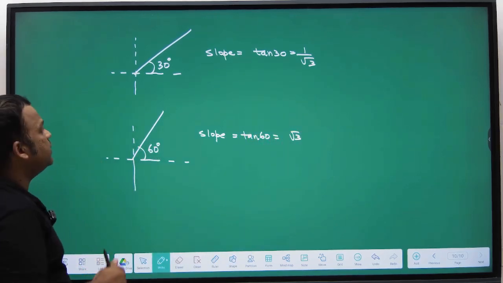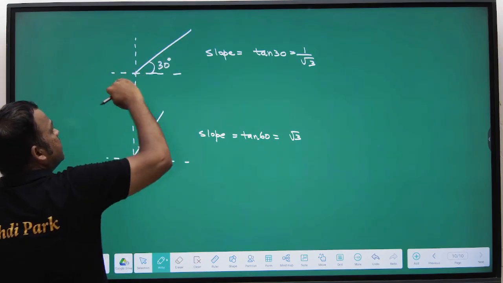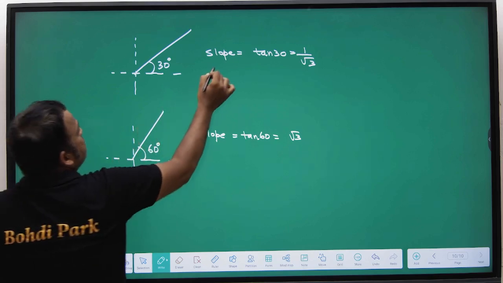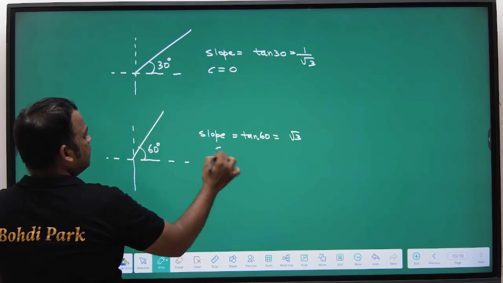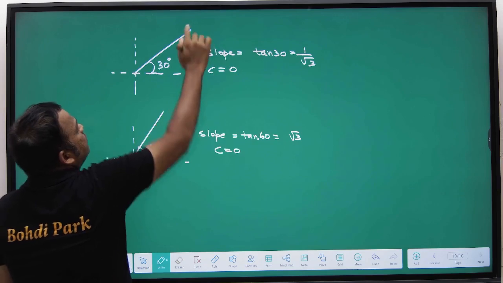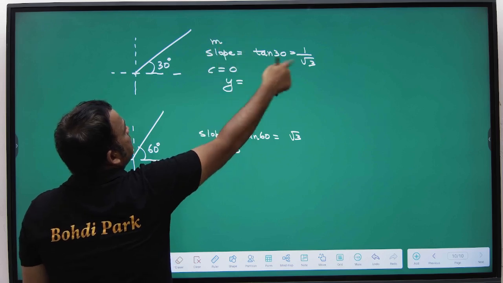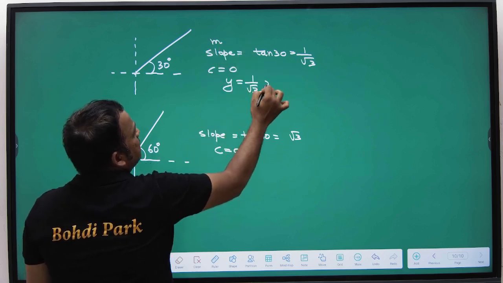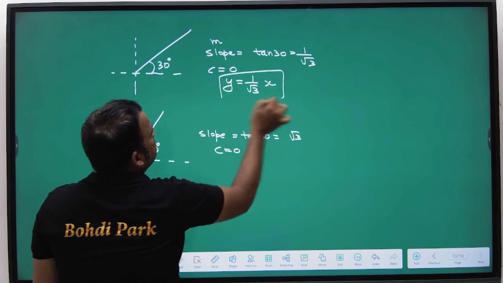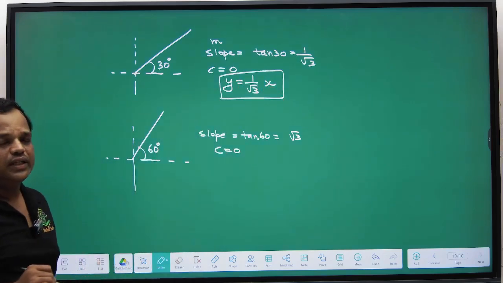Now in both these examples, the line is passing through origin, so the value of c will be 0. So the equation for this line will be y is equal to mx plus c. Now m value is 1 by root 3, and c is 0. So y is equal to 1 by root 3 into x.